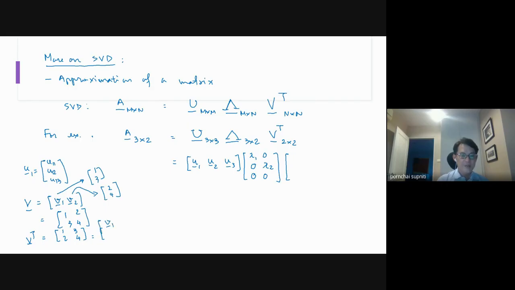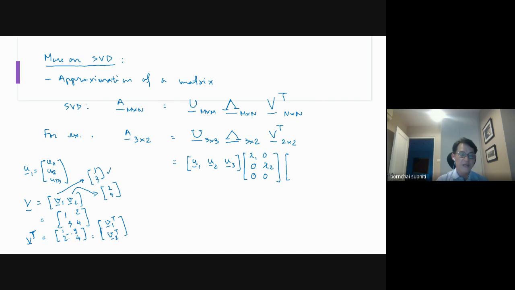I'm going to write it in terms of V1 transpose and V2 transpose, okay? If you're not sure, you can take a look from up here, because when we do V transpose, we get 1, 2, and then 3, 4. It means that the first row is the 1, 3, but we do transpose, right?